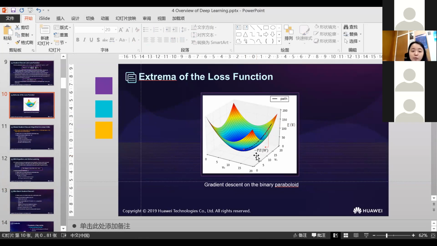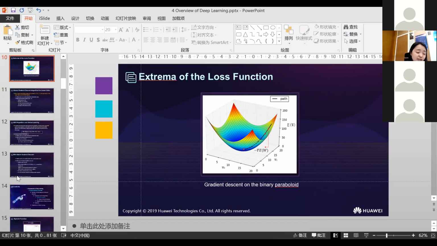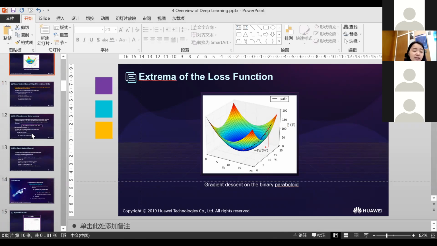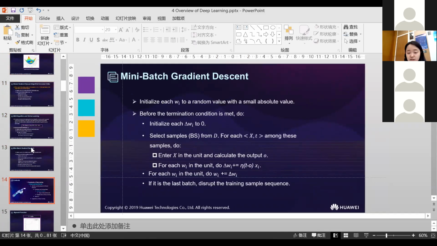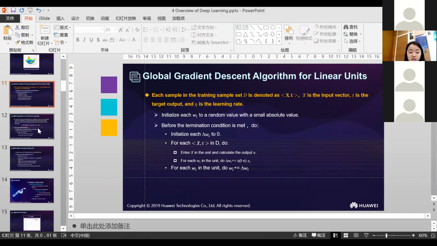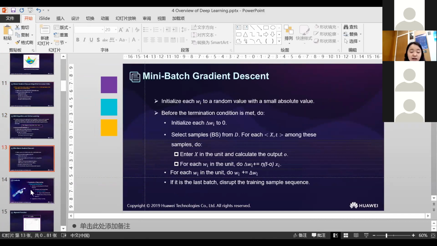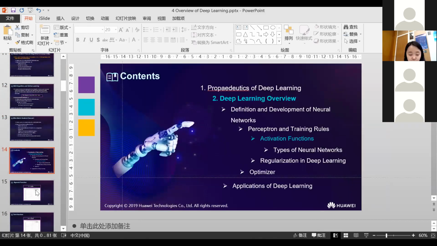We will follow the steepest direction and go to the lowest point step by step. That is gradient descent. Then there are three types of gradient descent: global gradient descent, stochastic gradient descent, and mini batch gradient descent.